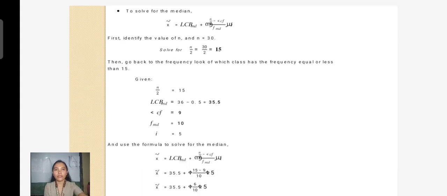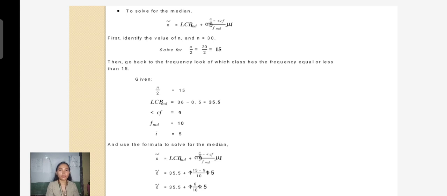Okay, for the median. Again, we are going to use the formula. Median is equal to LCB median plus the quantity of n over 2 minus less than CF.